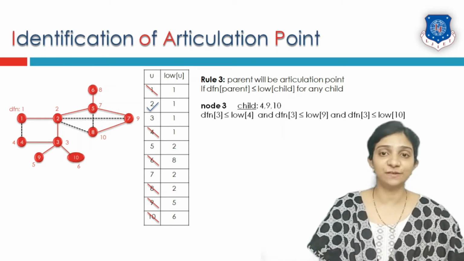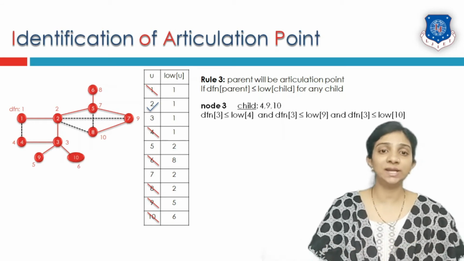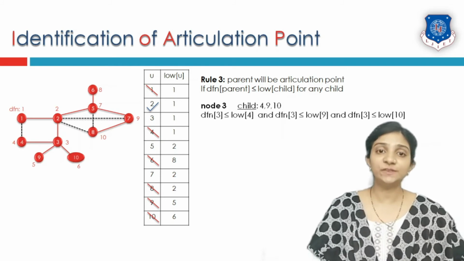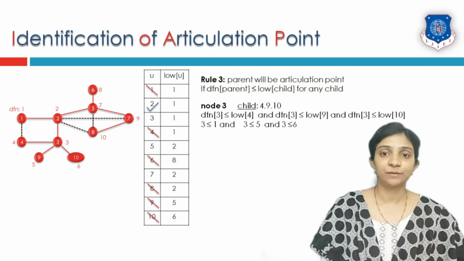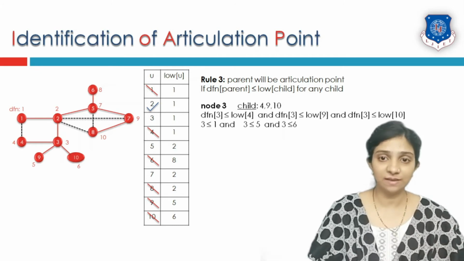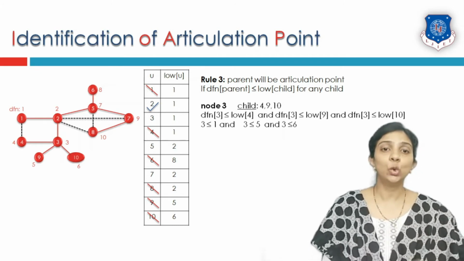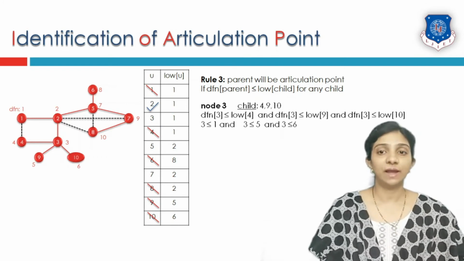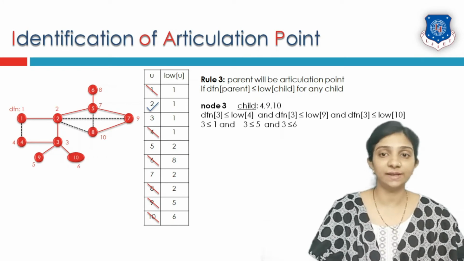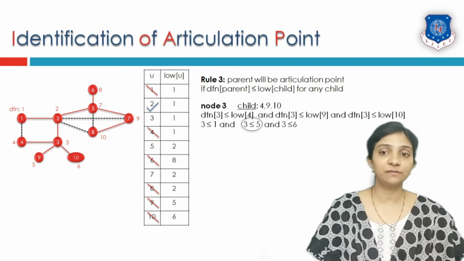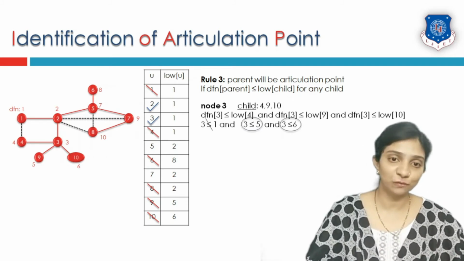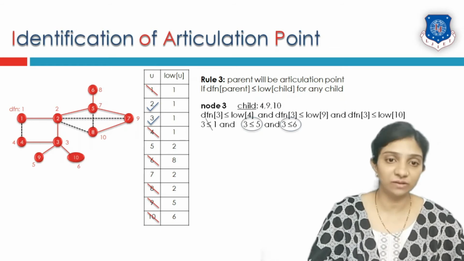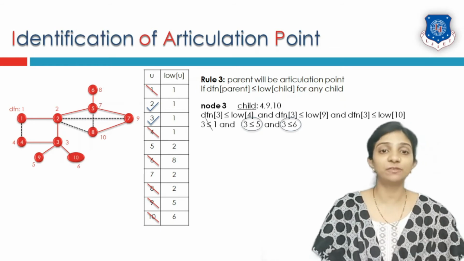Out of these three, if any one condition becomes true, we say that node 3 is an articulation point. So DFN of 3 is 3, low of 4 is 1, low of 9 is 5 and low of 10 is 6. So out of these, the conditions 3 lesser than or equal to 5 and 3 lesser than or equal to 6 become true.